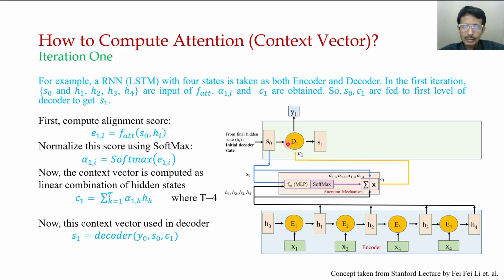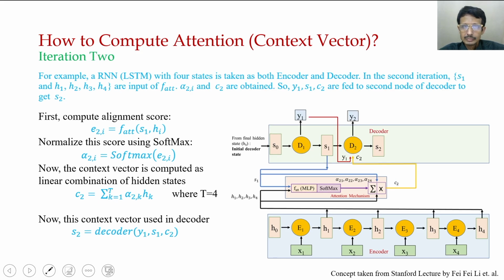Okay, come to the next iteration. The next iteration is also the same thing. For example, this is a hidden state, and now the input to this is S1. Now S1 is coming to the input of this F attention along with these states. We can normalize this score to get alpha_{2i}, the softmax of e_{2i}.